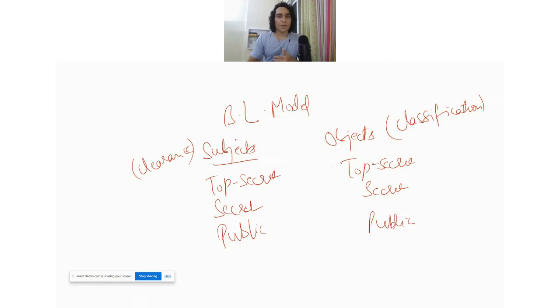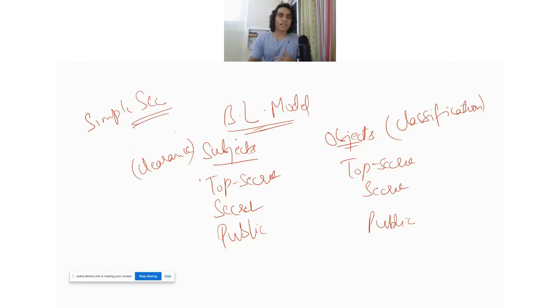The way the Bell-LaPadula model works is that it compares the subject's clearance level with the object's classification level, applies the rules defined by the model, and then allows the access accordingly. The very first rule is called the simple security rule.